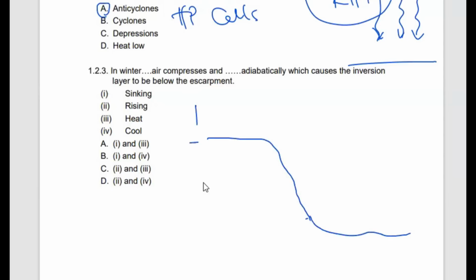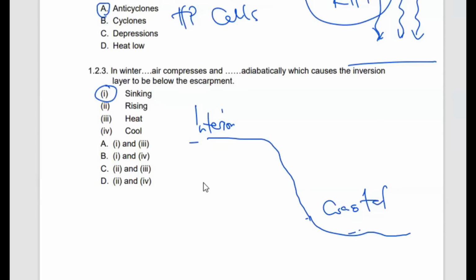This is the interior, and this is the coastal area. So in winter, dash air compresses. What kind of air compresses? Is it sinking air or rising air? Definitely it's sinking air that compresses and dash adiabatically, which causes the inversion layer to be below the escarpment.